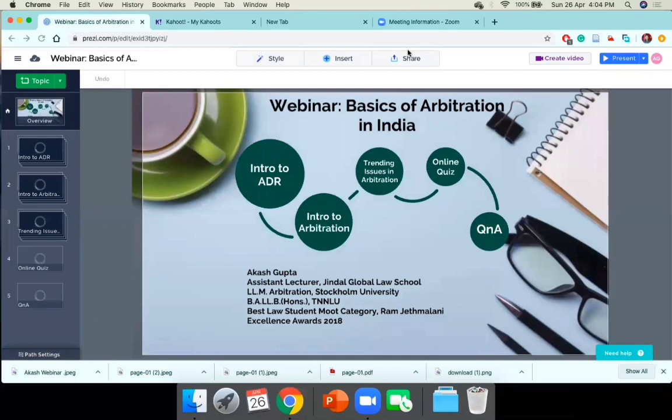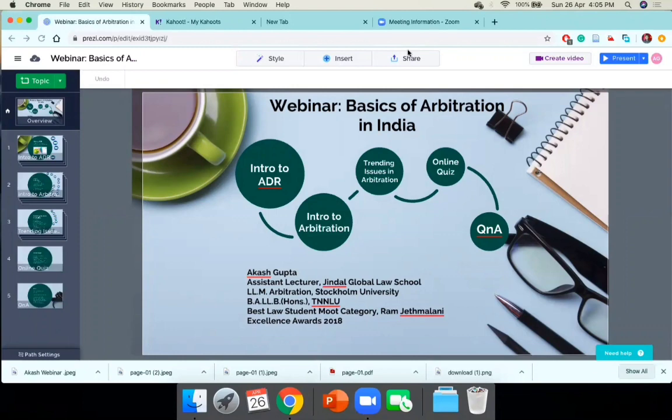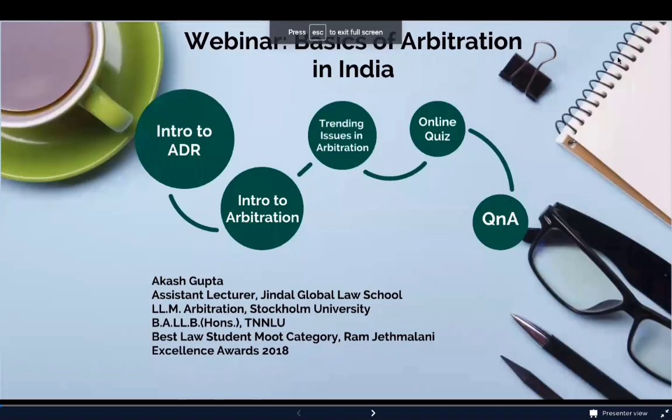However, in the non-adjudicatory process, there is no third party telling who is right or wrong. An example of the adjudicatory process is arbitration or litigation, where you go to the court or an arbitral tribunal and they decide which party should pay whom.